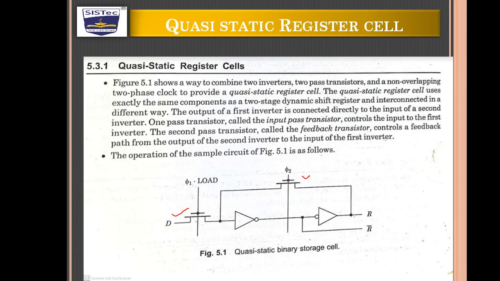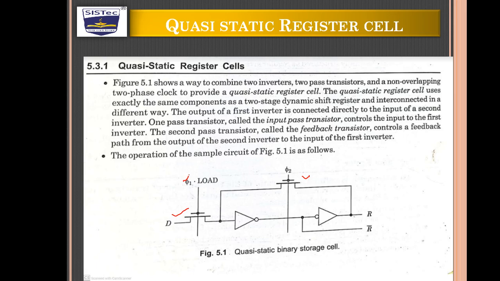This is accomplished through the use of the load signal ANDed with clock phase phi 1, which controls the gate of the pass transistor, while phi 2 is low, so that the feedback path is broken at this time.